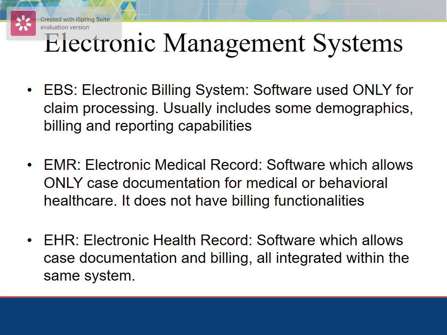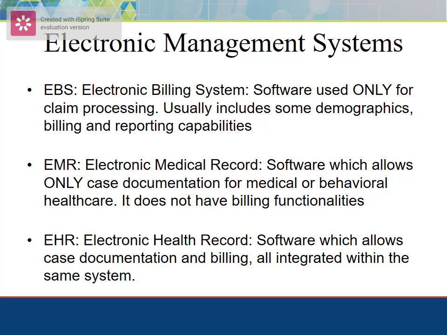All right, so then we get into EHR. And some people really get confused by all these different terms. What do they mean? So electronic health record. This is the integration of an EMR and an EBS. So we got the EBS component, which is our billing component, typically in the same system as our EMR, our medical component.